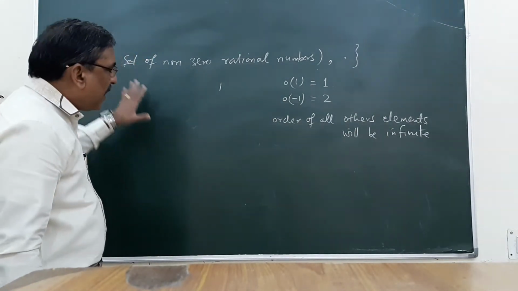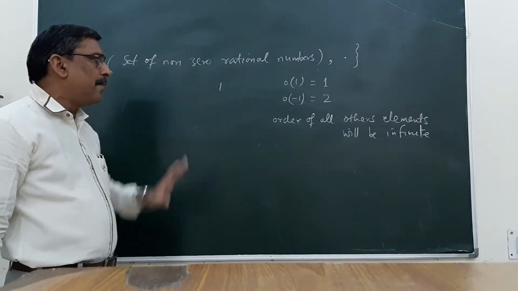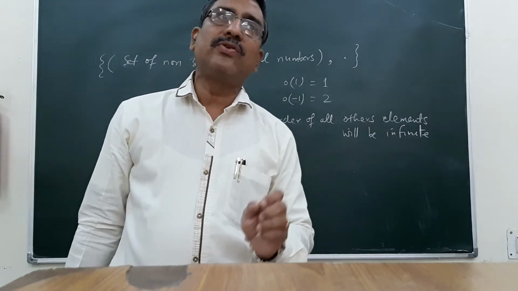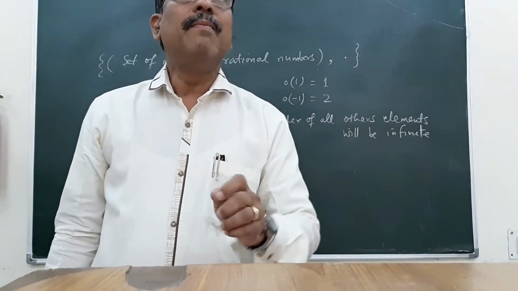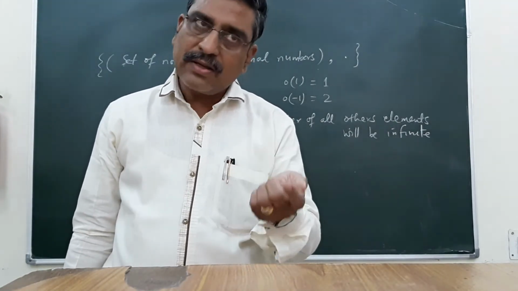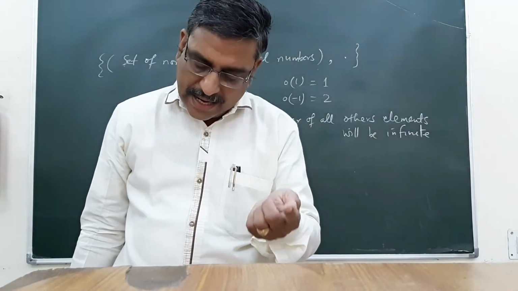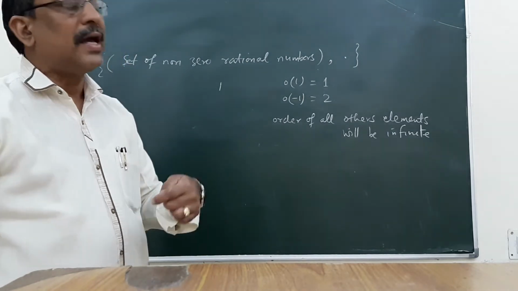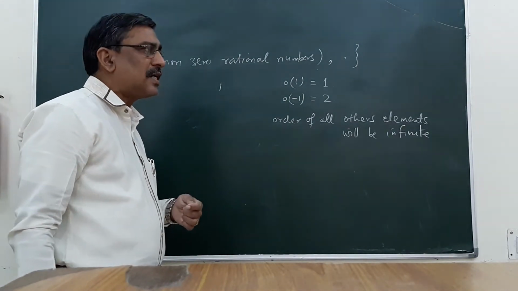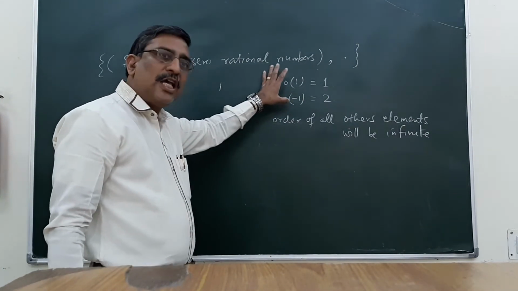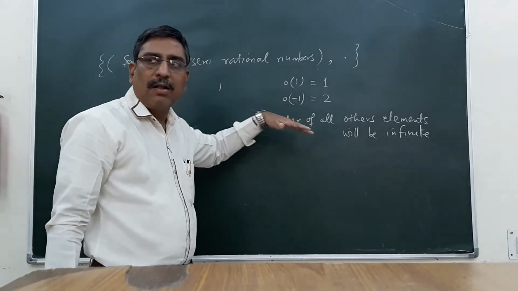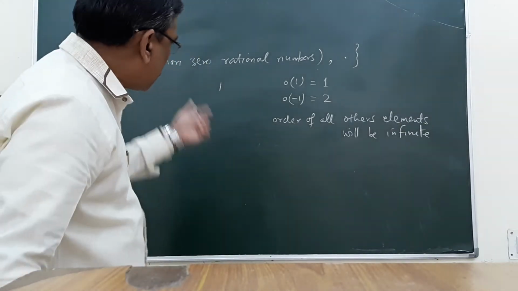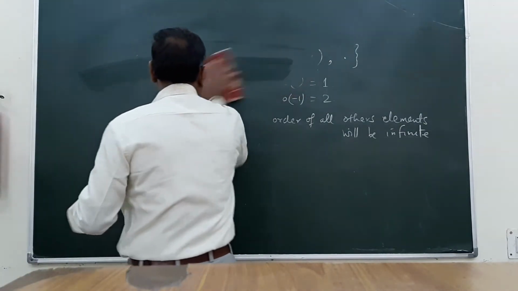So in case of an infinite group, there may be a few elements, at least one element whose order is 1, that is the identity, and there may be one or two other elements such that their order is finite, otherwise all the remaining elements have infinite order. From this example we can see the result.